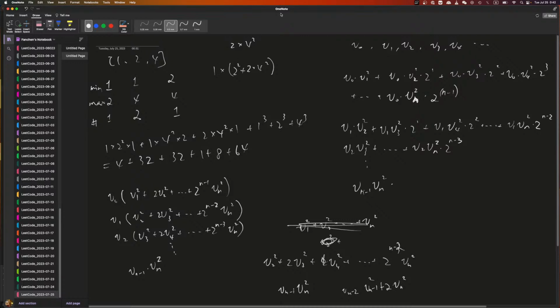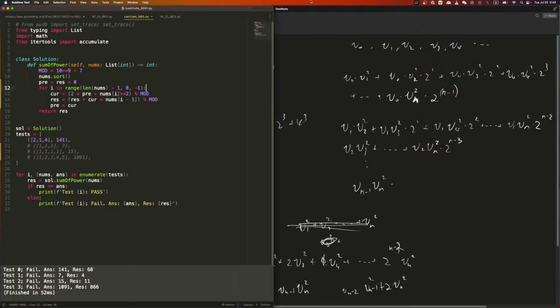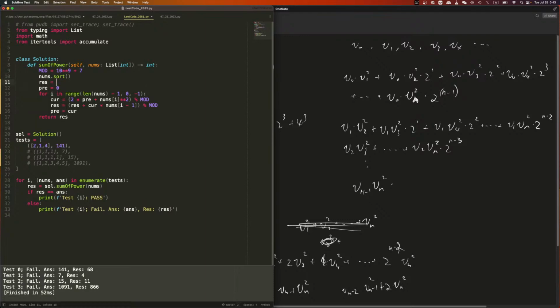Oh yeah, I remember. I know why, because I forgot to, sorry. So pre is this, res shall equal the sum of n to the third for any nums, and this shall be right. Yep.